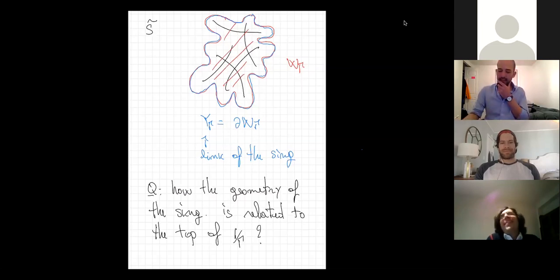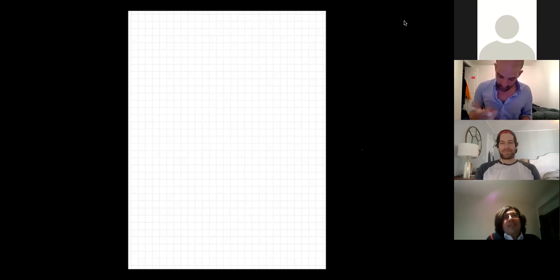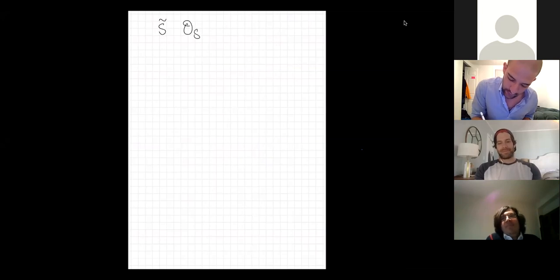Let me give you a very specific type of question that can motivate this. Once you have the resolution, you can look at the sheaf of holomorphic functions over there and look at the first cohomology group of it.